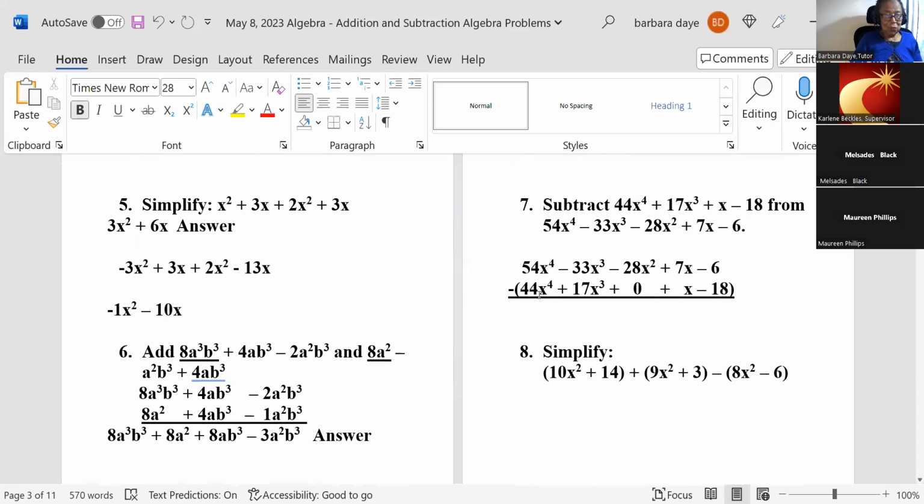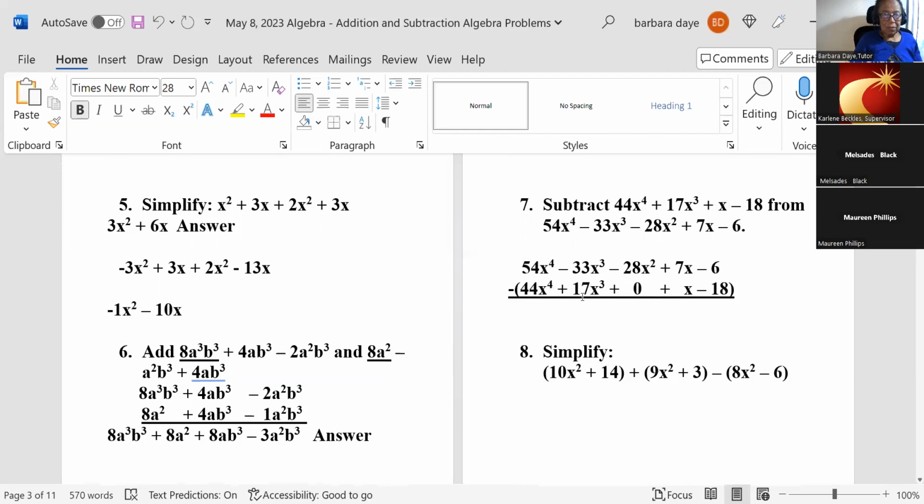Subtract 44x to the fourth plus 17x to the third plus x minus 18 from 54x to the fourth minus 33x to the third minus 28x to the second plus 7x minus 6.